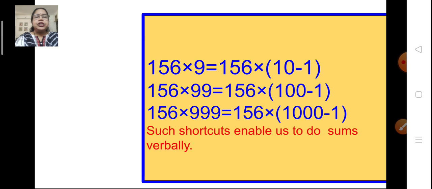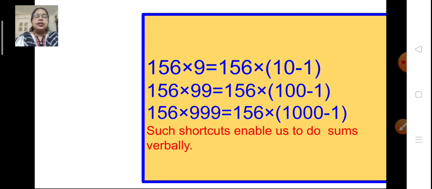Children, in the previous session you learned how to add or subtract numbers like 9, 99, 999 by using shortcut methods, by using patterns. I also gave you a few multiplication sums to use the patterns and solve. Did you do that?